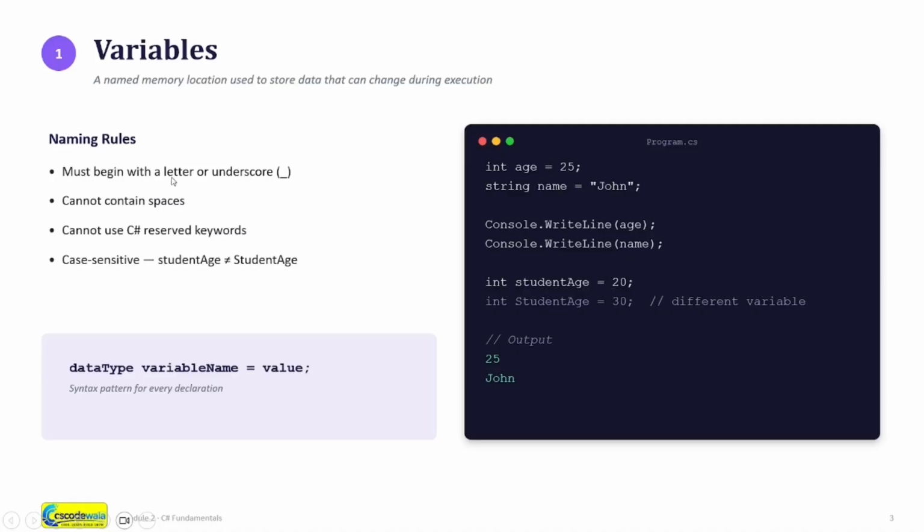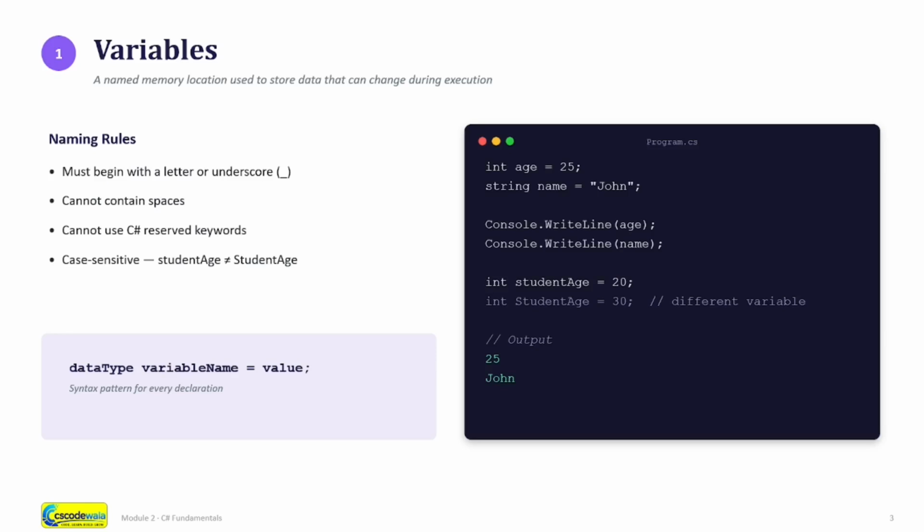Name must begin with a letter or an underscore. That means a variable always begins with a letter or underscore. It cannot contain a space. When we declare a variable, we cannot create a space in between. It cannot use a C# reserved keyword.